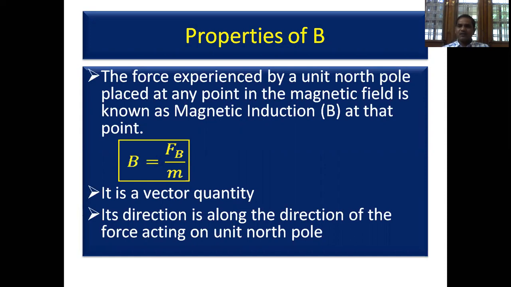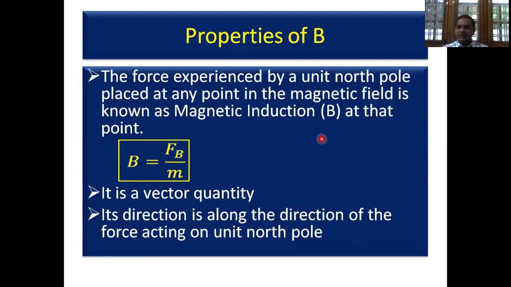That force is called magnetic induction, or magnetic induction field strength, or the intensity of magnetic field at that point. So we define magnetic induction field strength B as the force experienced by a unit north pole placed at any point in the magnetic field.